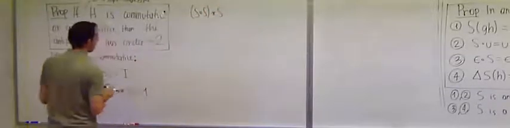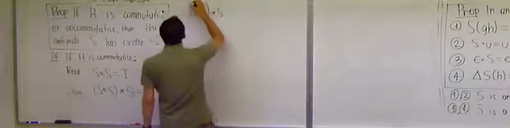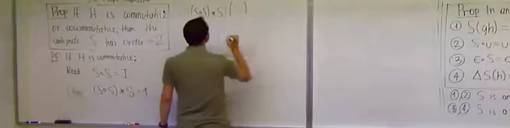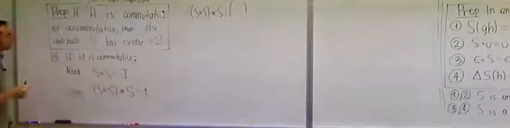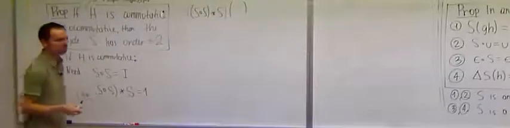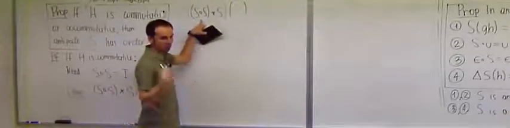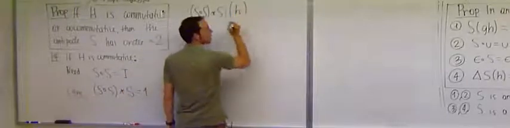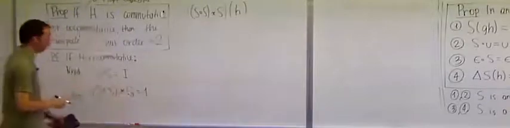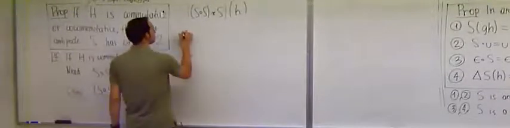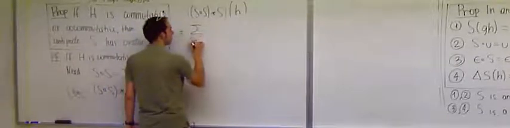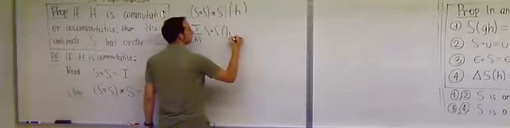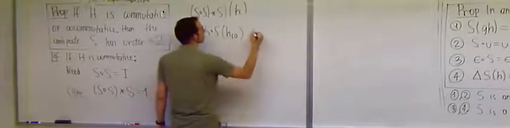So I compute this. Okay. What do I need to plug in here? S is going from H to H. And the composition of S with itself is also going from H to H. And so the convolution product also goes from H to H. And I don't plug in a tensor as I did earlier. I plug in a single element. Okay? And then I say what this is. Sum over H of S of H1 S of H2.